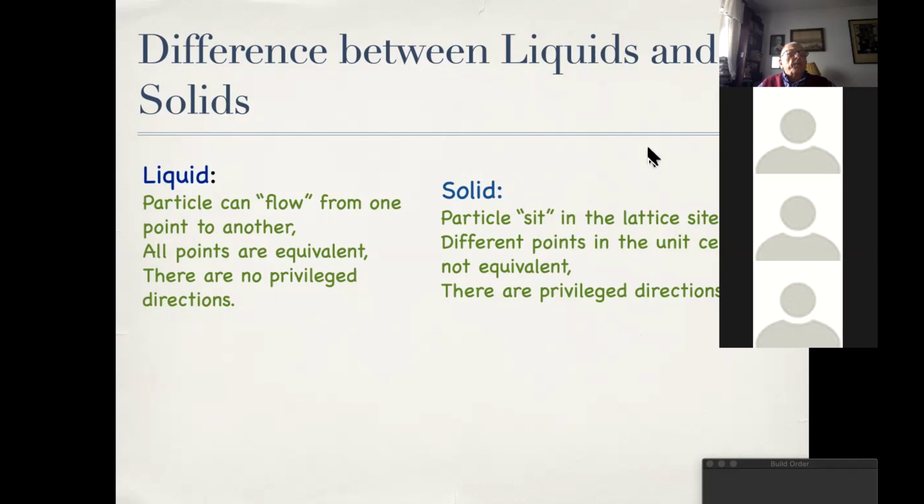If you have cubic crystals, it's very easy to see that each of the directions along the edges of a cube are equivalent. But if you have a hexagonal crystal, then those two directions which are in a hexagonal plane are different from the axis which is perpendicular to them, the z-axis that we used to say.